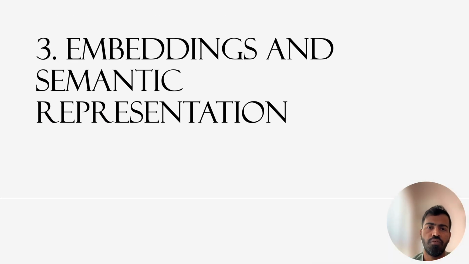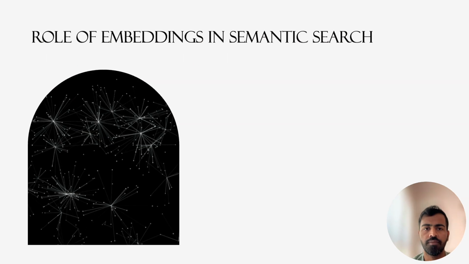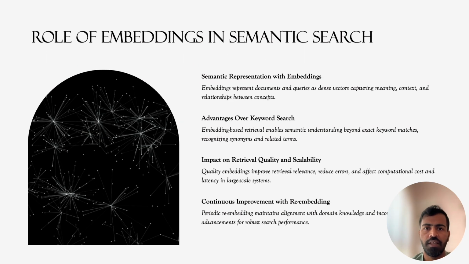So, role of embeddings in semantic search. Let's understand it. Embeddings are the semantic backbone of RAG. They represent both documents and queries as dense vectors that capture meaning and relationships between concepts. Unlike keyword search, embeddings enable semantic retrieval.